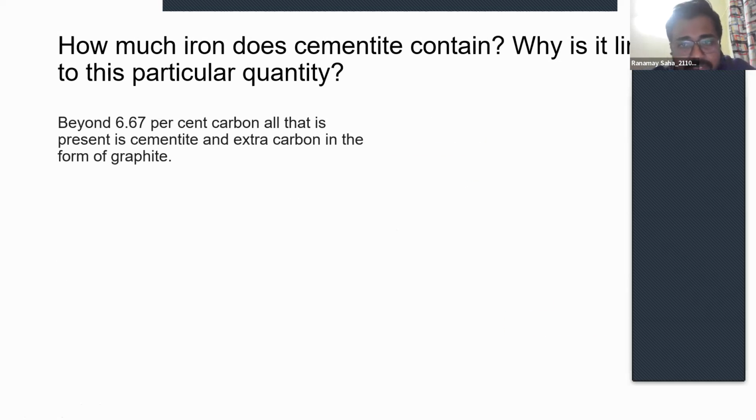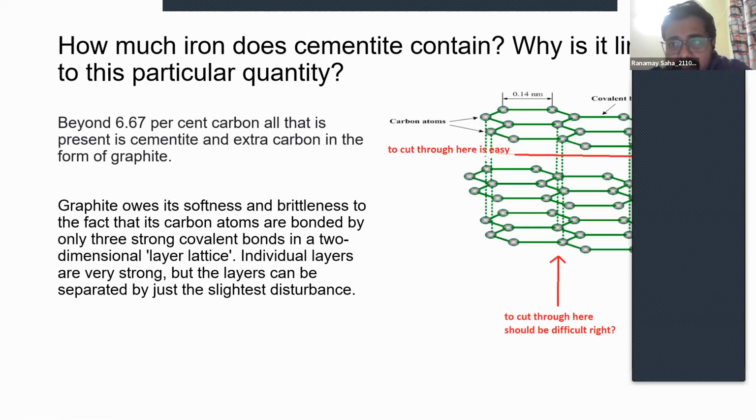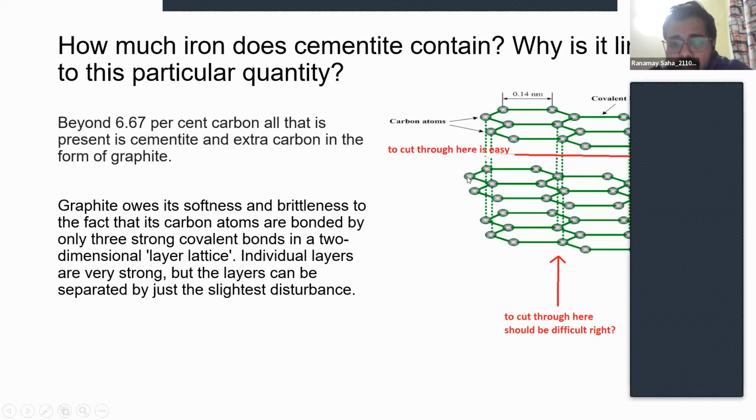Graphite has a unique structure, you can see it on the screen. It has a layer-by-layer structure, and in every layer there are strong covalent bonds, but the bond between two layers is really weak.